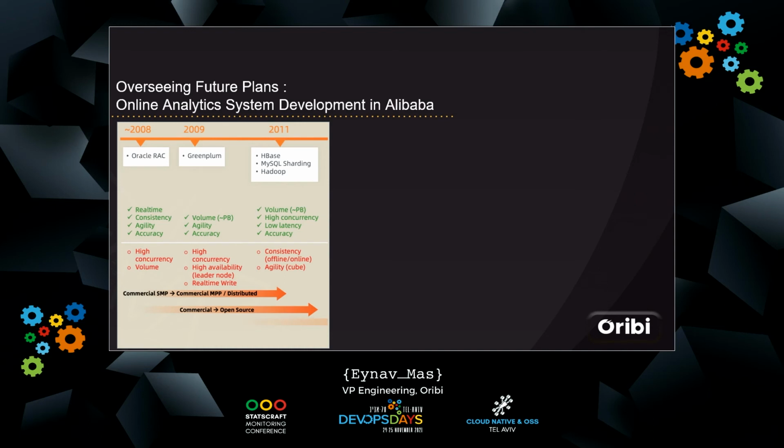So they made that change, but it still wasn't enough. They had two problems now. One was consistency, because part of the system was on a real-time data solution, and some part of the system was on the offline side with Hadoop and HBase. That created discrepancies between the data when querying more than one data source.